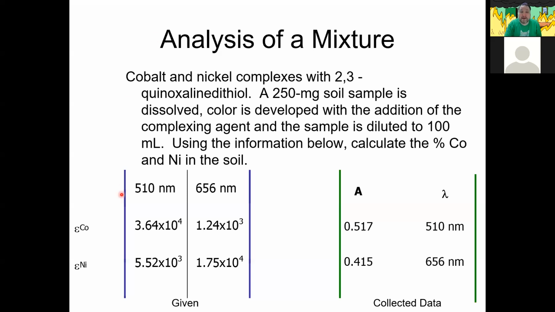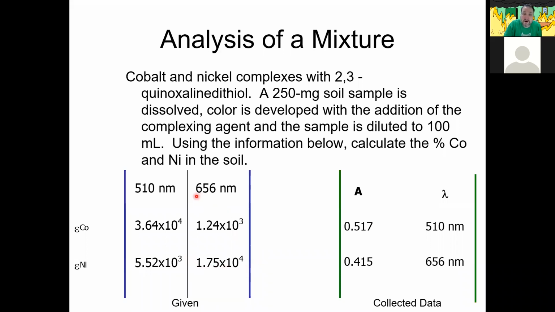So we're given some data that says at 510 nanometers, the absorptivity of the cobalt is 3.64 times 10 to the fourth, and the absorptivity of the nickel is 5.5 times 10 to the third. And then at a second wavelength, 656 nanometers, the absorptivity of the cobalt is 1.24 times 10 to the third, and the absorptivity of the nickel is 1.75 times 10 to the fourth.